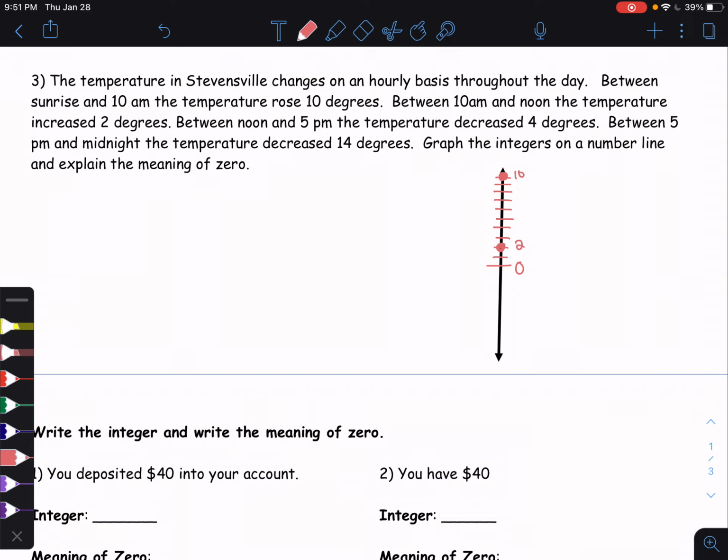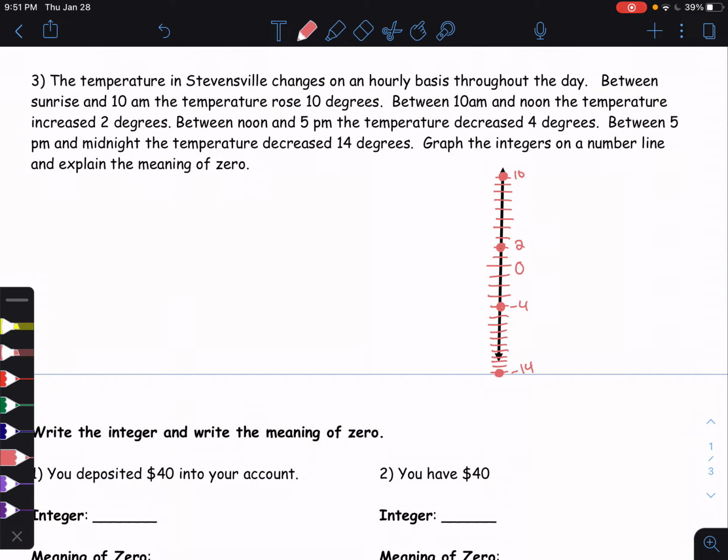So here's 2. Between noon and 5 p.m., it decreased 4 degrees. 1, 2, 3, 4. And between 5 and midnight, the temperature decreased 14 degrees. So 5, 6, 7, 8, 9, 10, 11, 12, 13, 14. So all the way at the bottom here, negative 14 degrees.